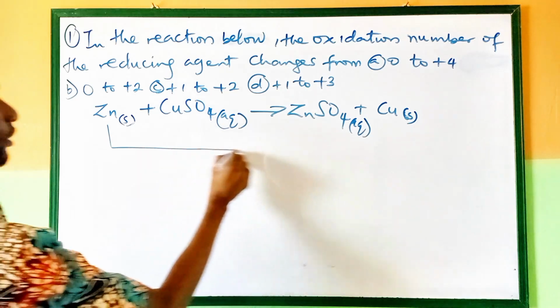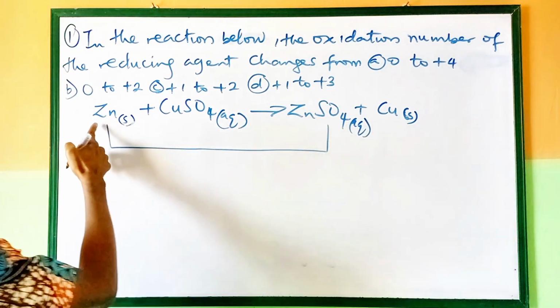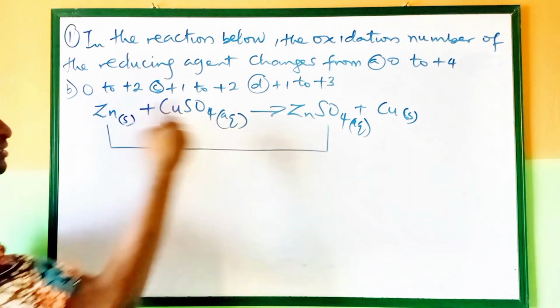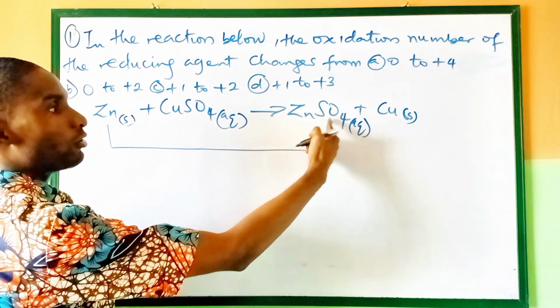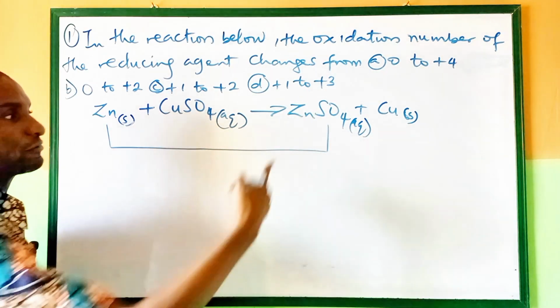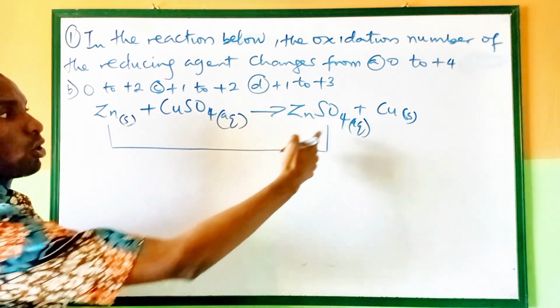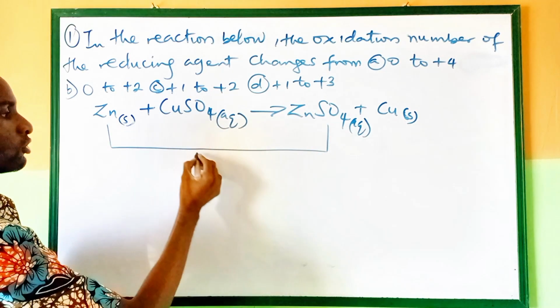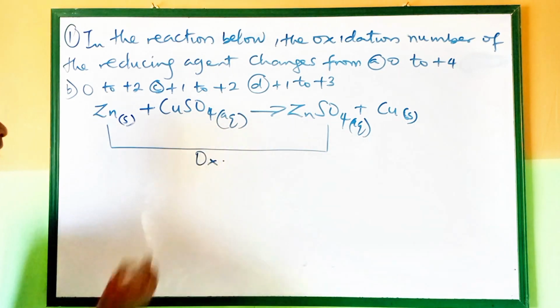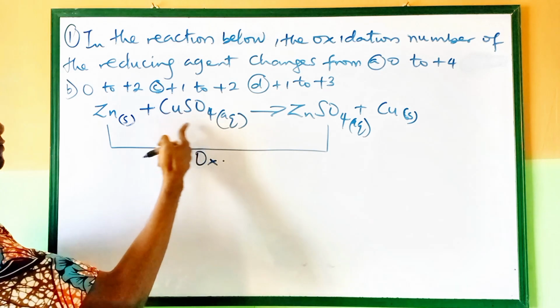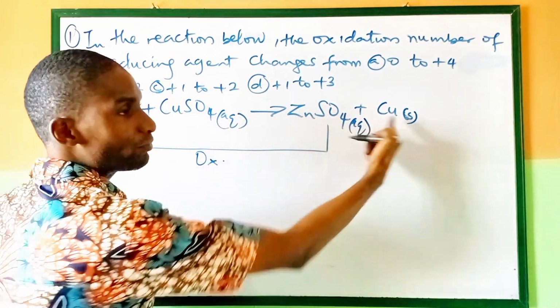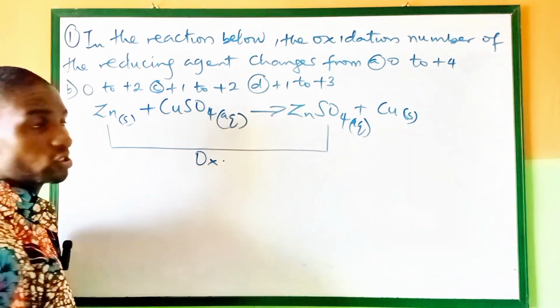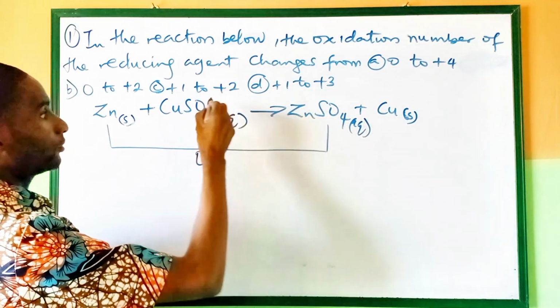This chain, can you see zinc was standing alone here, but by the time it got to this side, sulfate had been added to zinc, so you have zinc sulfate. So oxygen had been added to zinc, that means this chain is the oxidation chain. And then here, copper 2 sulfate had oxygen, but at the product side, it had lost oxygen, now becoming copper alone.